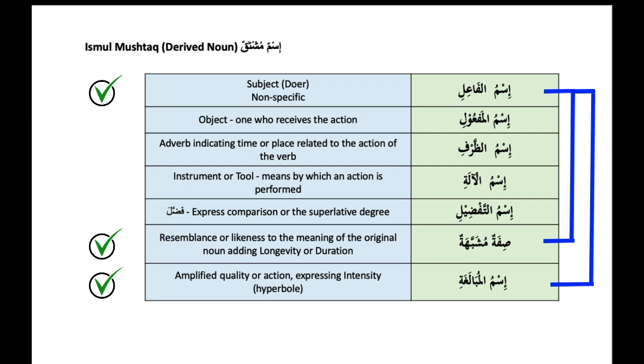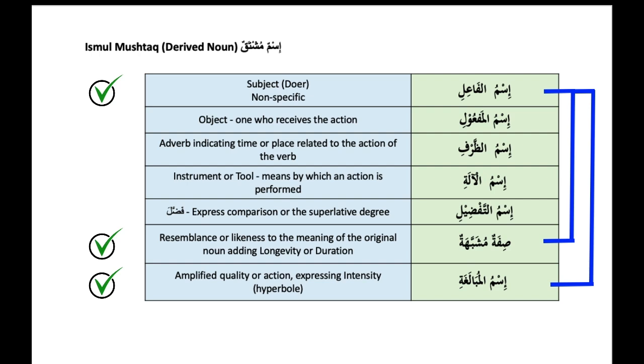Here, there is some information about how the action is done. Ismul mubalagha is also an ismul fa'il, but here, in the same way, there is some additional information about how the action is done. So ismul fa'il, sifate mushabbaha, ismul mubalagha, they are all ismul fa'il. But with sifate mushabbaha, there is some specific information, and with ismul mubalagha, similarly, there is some information which will distinguish between each other.